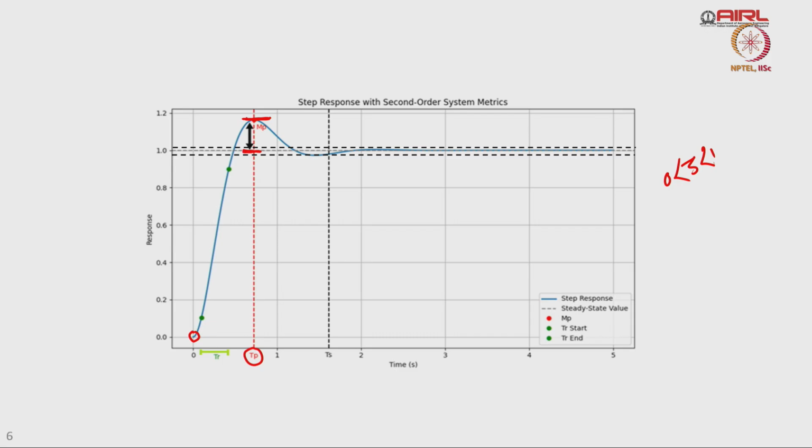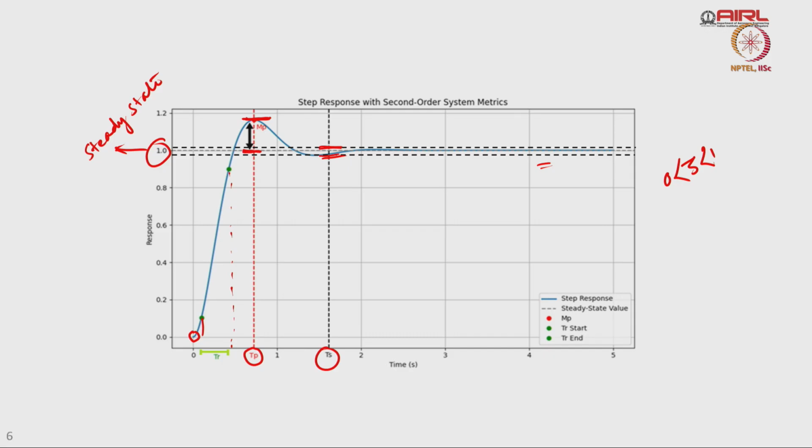The steady state value, that is 1. This one is the steady state value. From this point to this point, the time taken by the system is called the rise time, and the time when the response comes within a certain tolerance level, given by this dotted line, is called settling time.